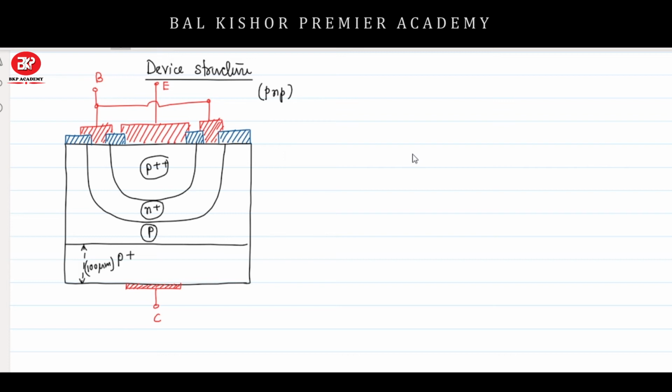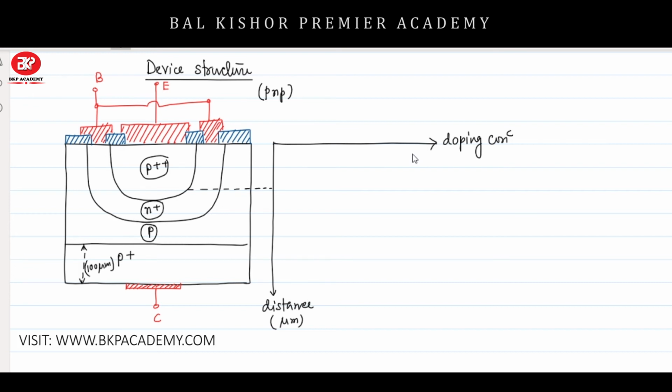Now let us draw the doping concentration profile with the depth of the device. On this axis I am putting the doping concentration, and this is the distance or depth, in micrometers.